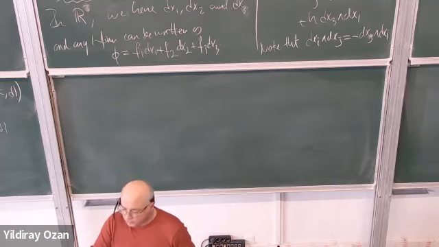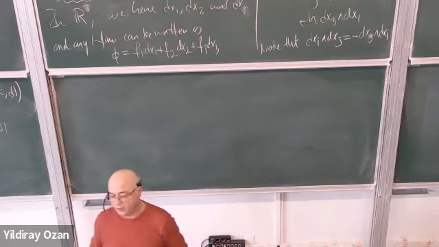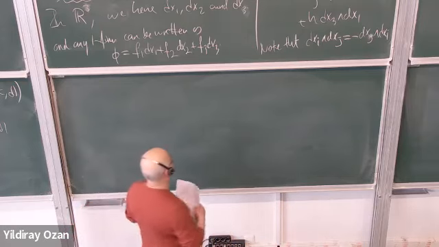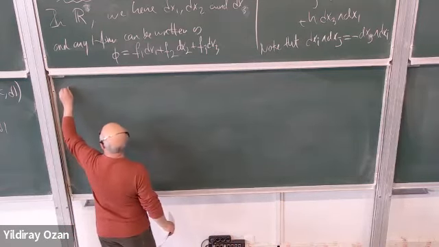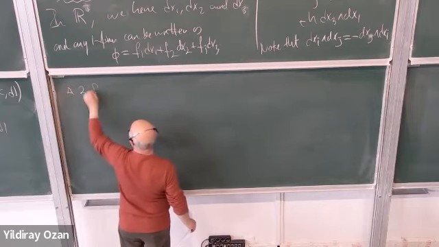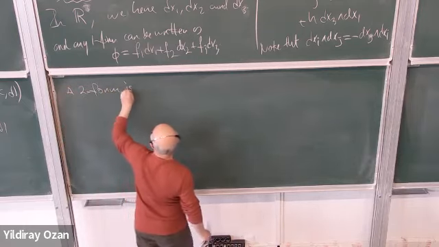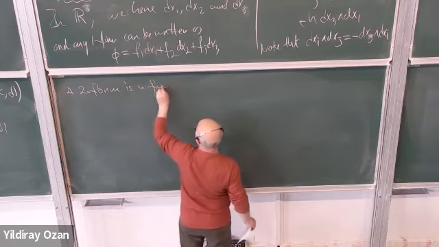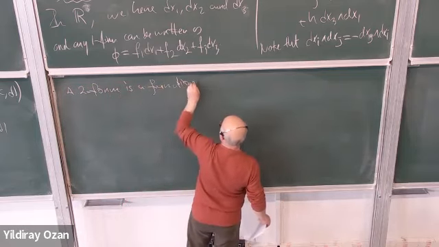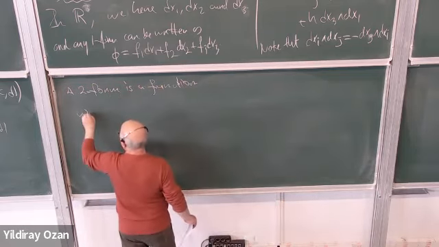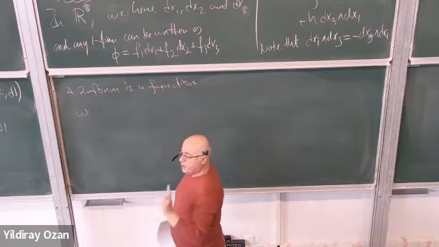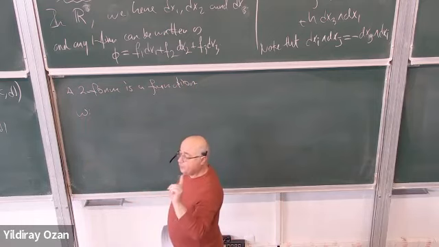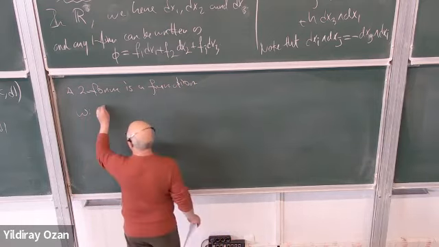Yeah, you have to feed two vectors to a two form. So a two form is a function omega. At each point you have to feed two vectors to a two form. So it means what?